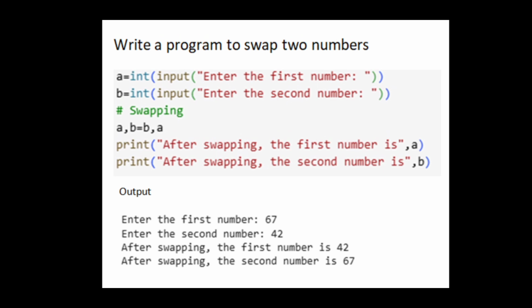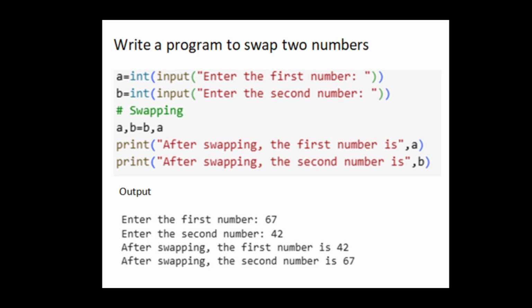Already I discussed this in lecture 6. Here a comma b equal to b comma a, that means a equal to b and b equal to a. Left hand side a equal to right hand side b, and left hand side b equal to right hand side a.